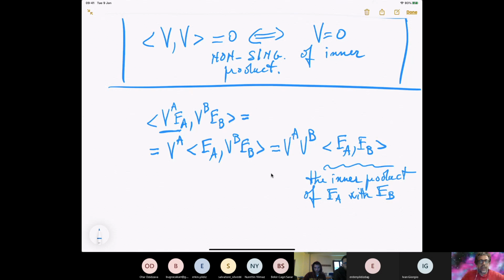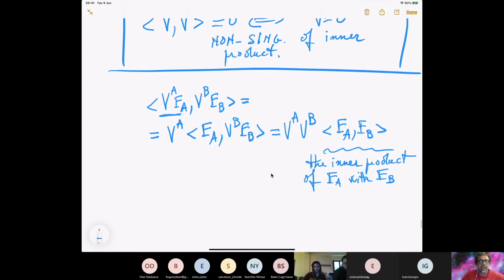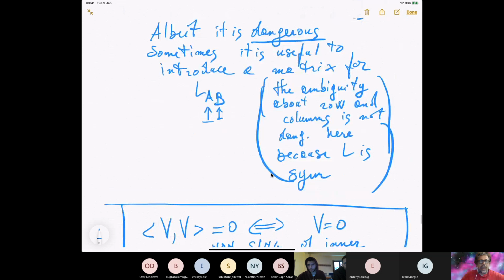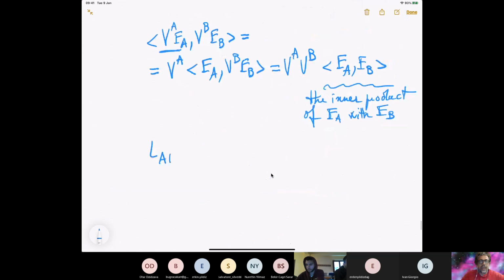Okay. So what we have called here L_AB is nothing else than the inner product of the vector e_A in the basis with the vector e_B in the basis.